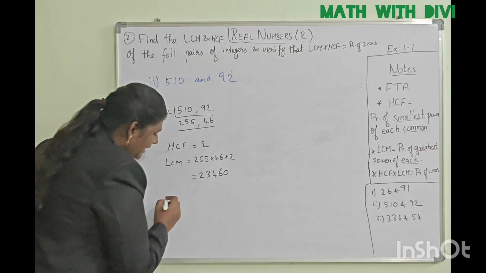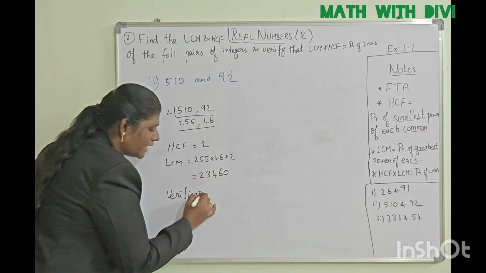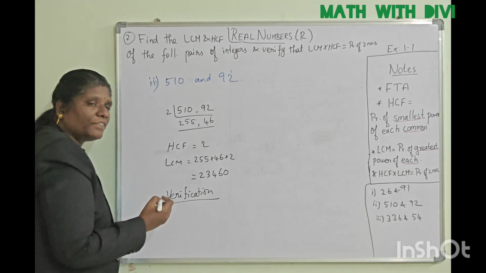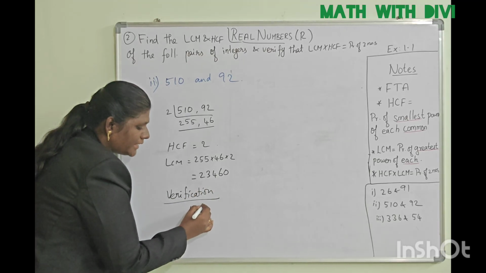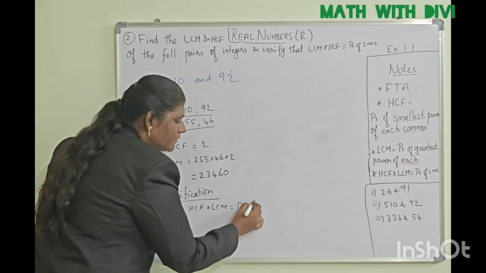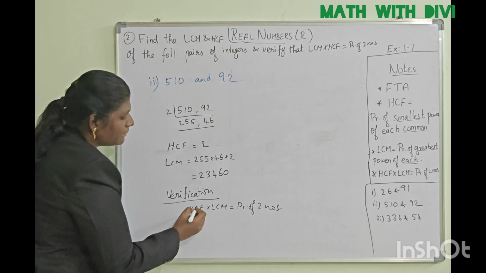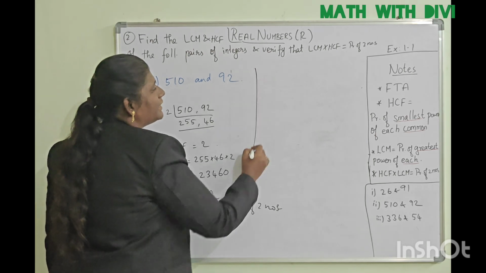How to verify? Tell me how to verify. Verification you have to write. Yes, the verification formula we have to write: HCF into LCM is equal to product of two numbers. Very good. Next, what can we do? Left hand side we will take.